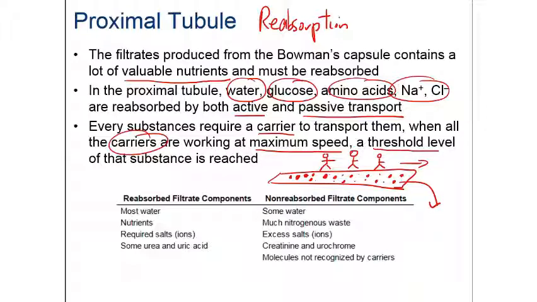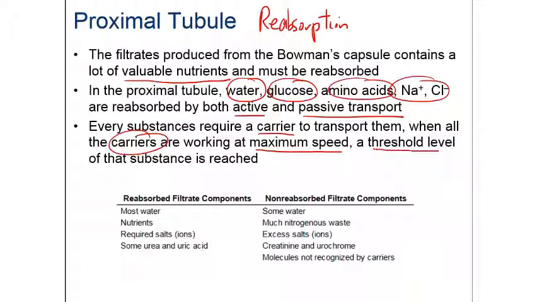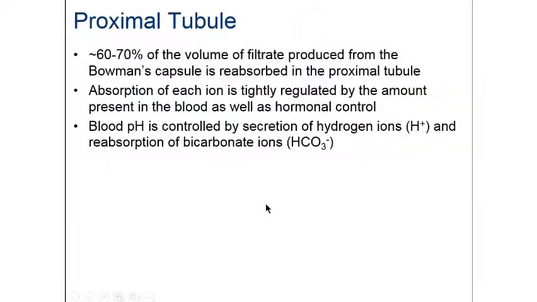So an example of that would be caffeine. If you drink caffeine, then the caffeine will not be reabsorbed at the proximal tubule because it's not a naturally occurring substance in the body. So we don't have a carrier designed to reabsorb caffeine, and that has implication, which we'll get into later on.